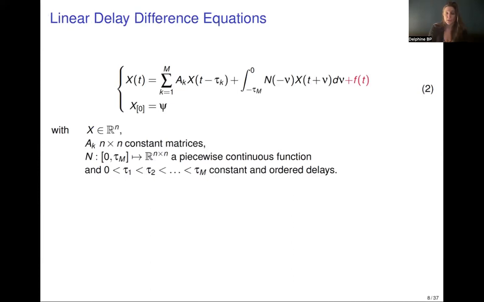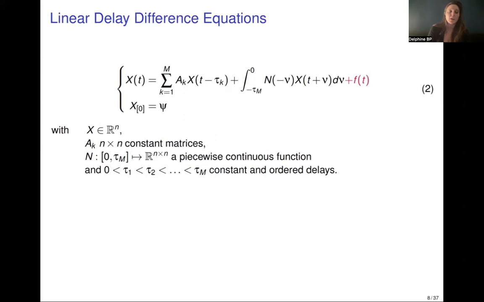So in this talk, we're going to focus on this type of system, which are delay difference equations. Here X is a vector in R^m, and we're going to be interested in X_t, which is the path of X over the time horizon minus tau_m to 0.